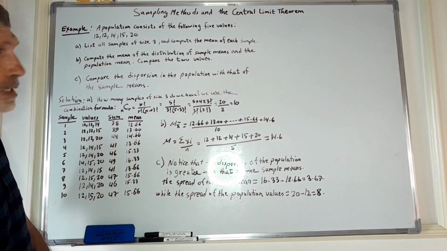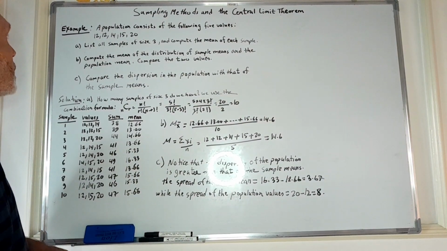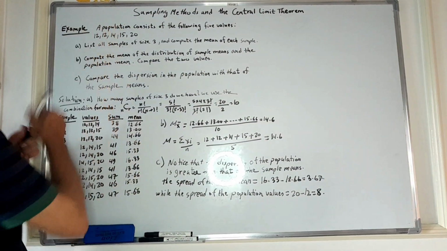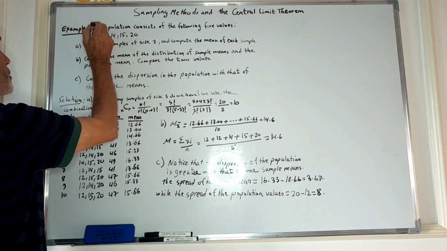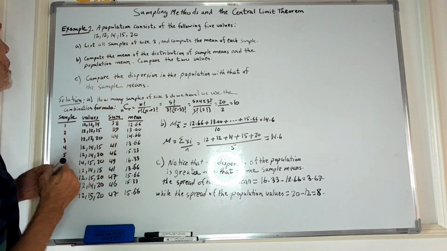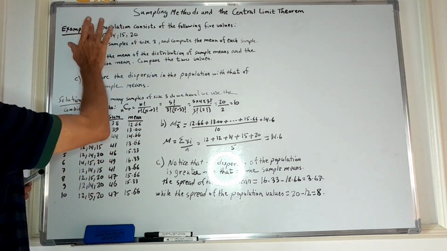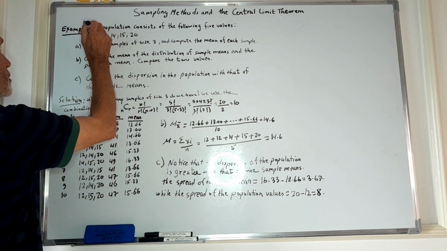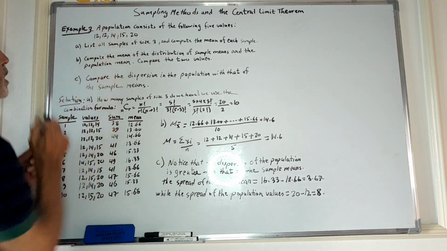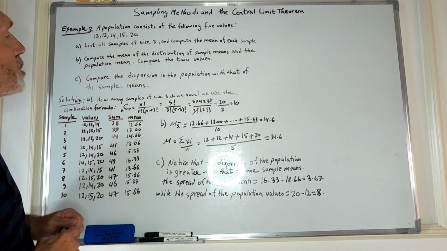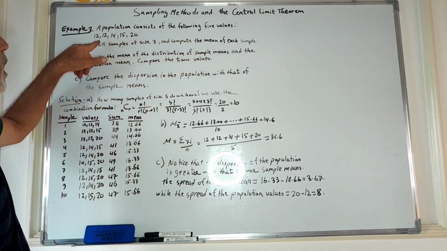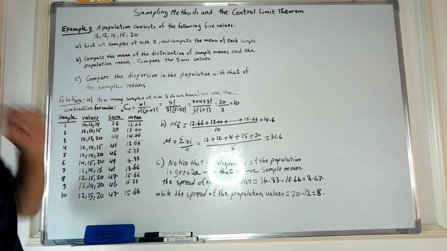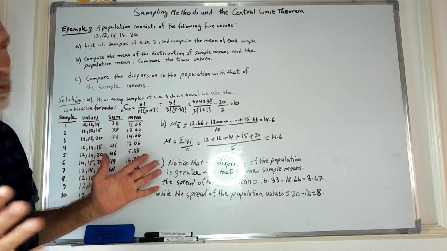Okay, now we have another example, example 3 here. A population consists of the following 5 values: 12, 12, 14, 15, 20. Okay, this is the population.